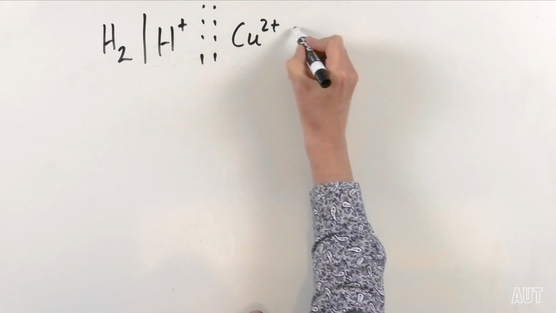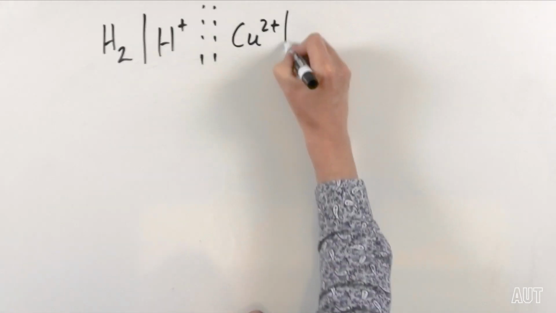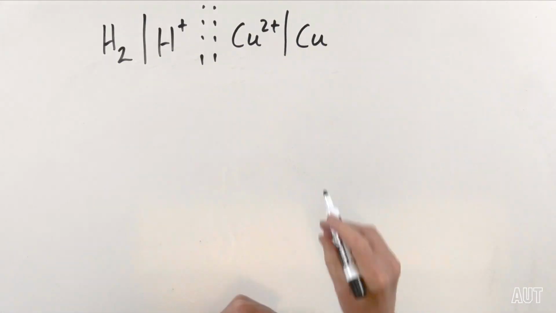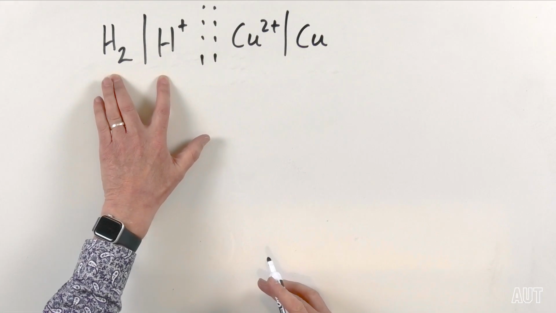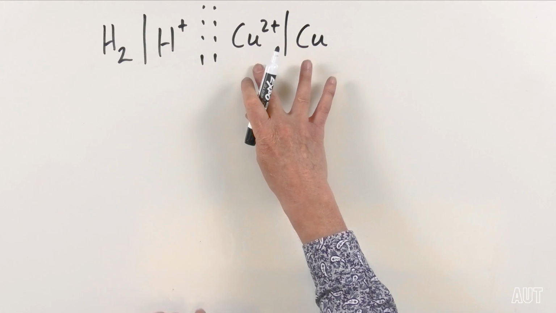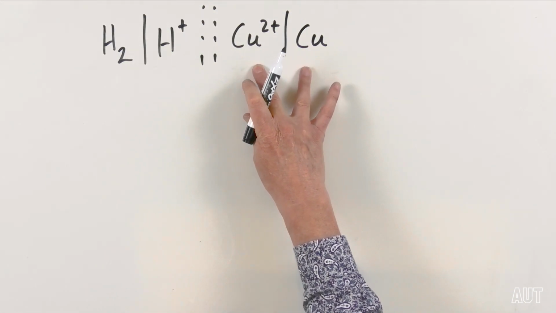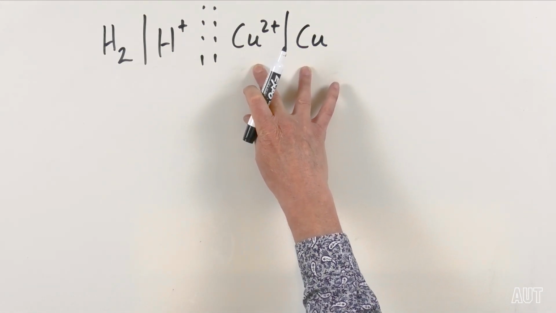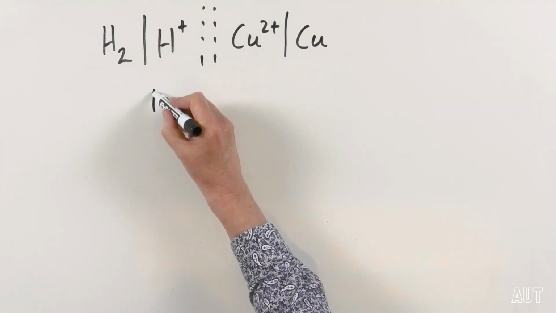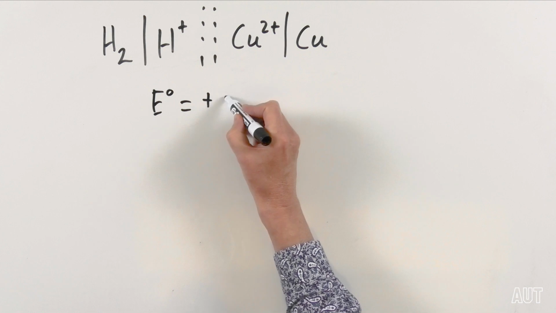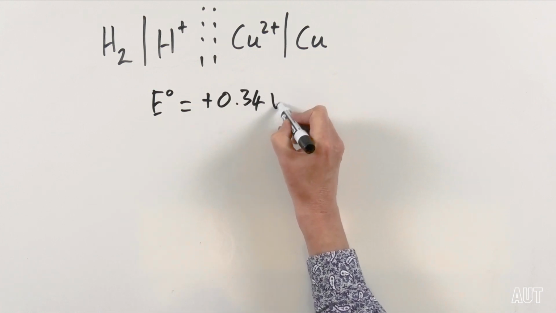And the example that we looked at was this one here, where we were taking the hydrogen electrode as being the left-hand electrode and a Cu2 plus to Cu electrode as being the right-hand electrode. And we found that E-naught for that was equal to plus 0.34 volts.